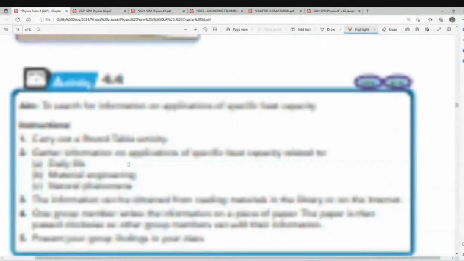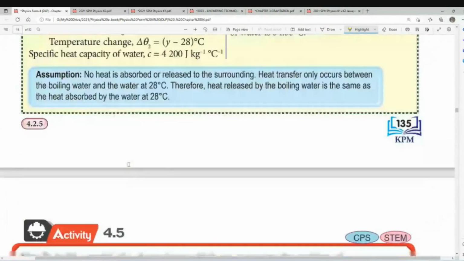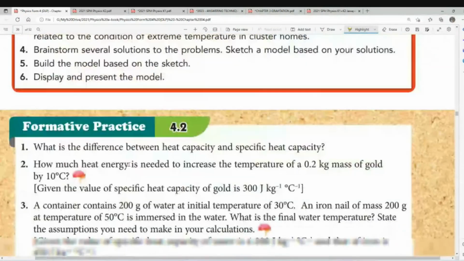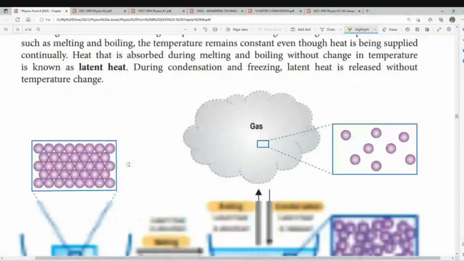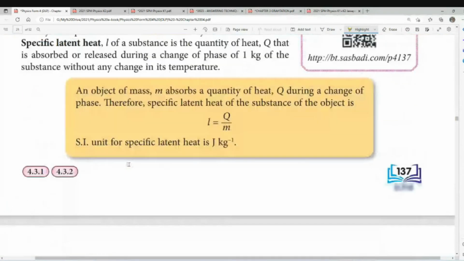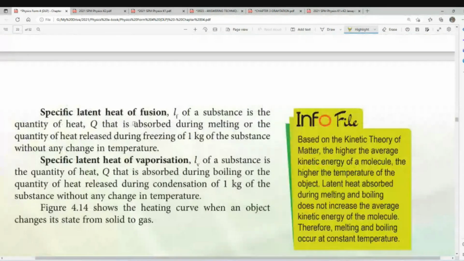Then the specific latent heat. For latent heat, make sure that you understand there are two types of latent heat. One is latent heat of fusion, another one is latent heat of vaporization. Same also, we can have the term specific or without the term specific. Once we mention the term specific, it means the mass is defined as 1 kilogram.